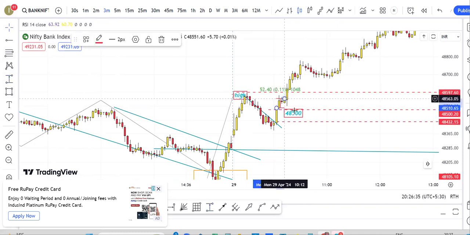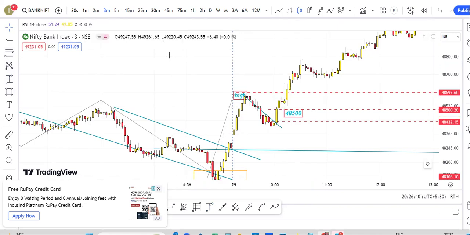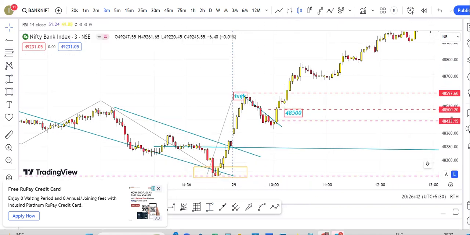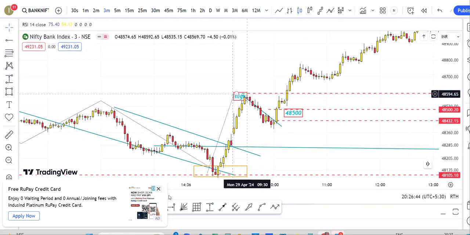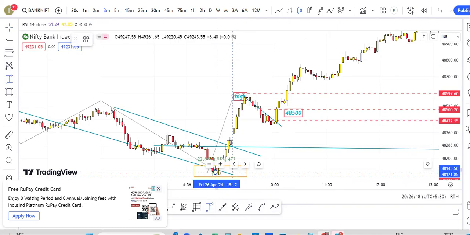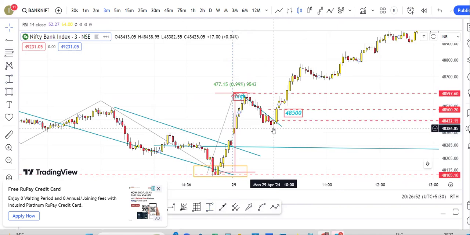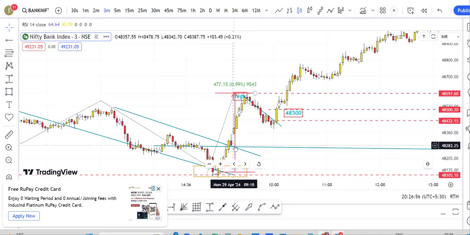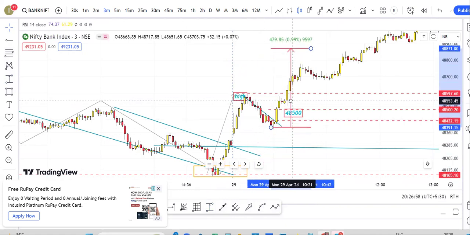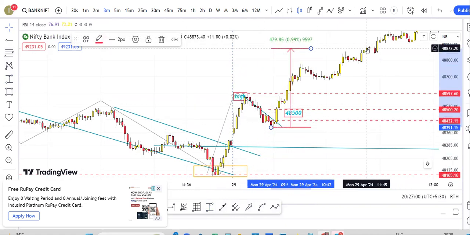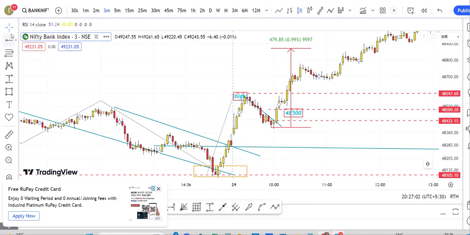Next, what you have to keep is the target. You have to measure the move from here to here. Okay. Here to here, swing 477 points, right? So you can anticipate from here 477 points in the Bank Nifty.